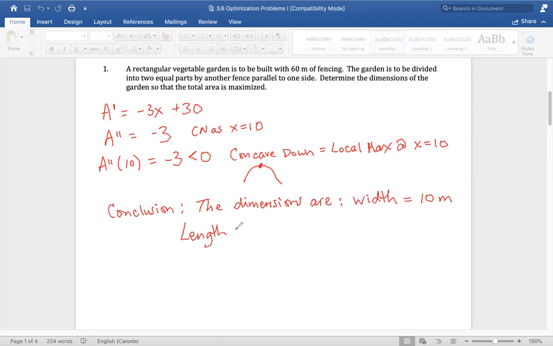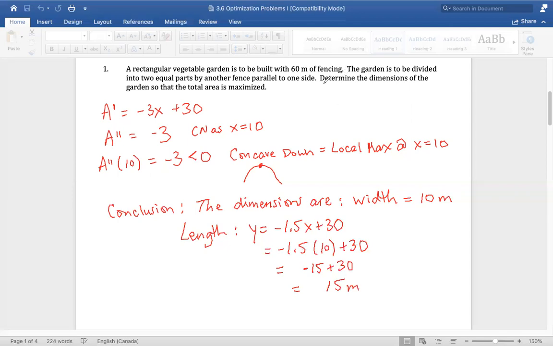For my length, I have my equation y equals negative 1.5x plus 30, and then sub 10 in for x. So that would be negative 15 plus 30. So I have positive 15 is the only thing that makes sense, right? 15 meters. So I have a width of 10 meters and a length of 15 meters.